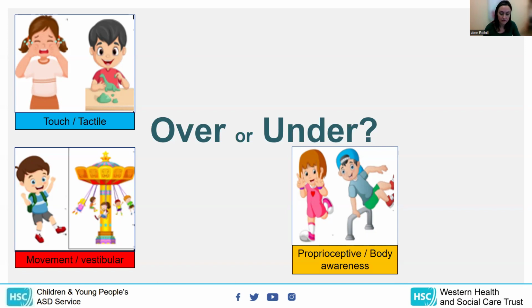So in summary, if your child is overreactive to sensory input, this results in sensitivity and avoidance of situations that involve experiencing them. Therefore, your child does not need as much sensory input as another child, and you need to consider how you can reduce this amount of input for them.